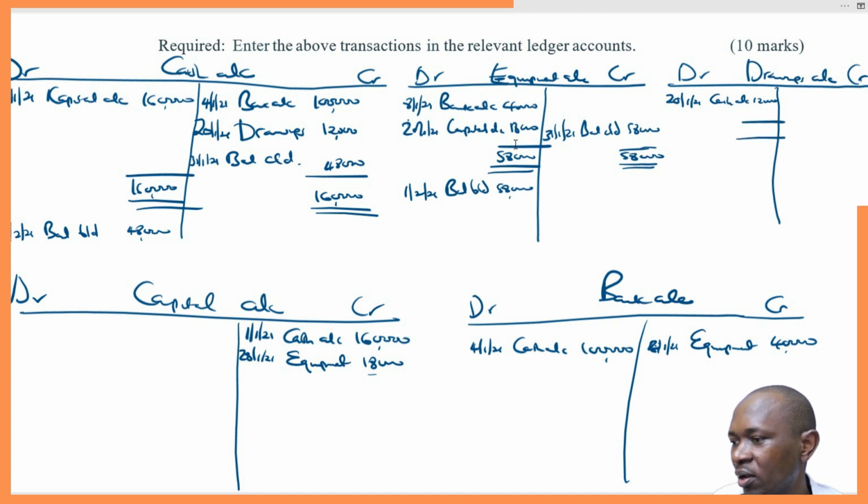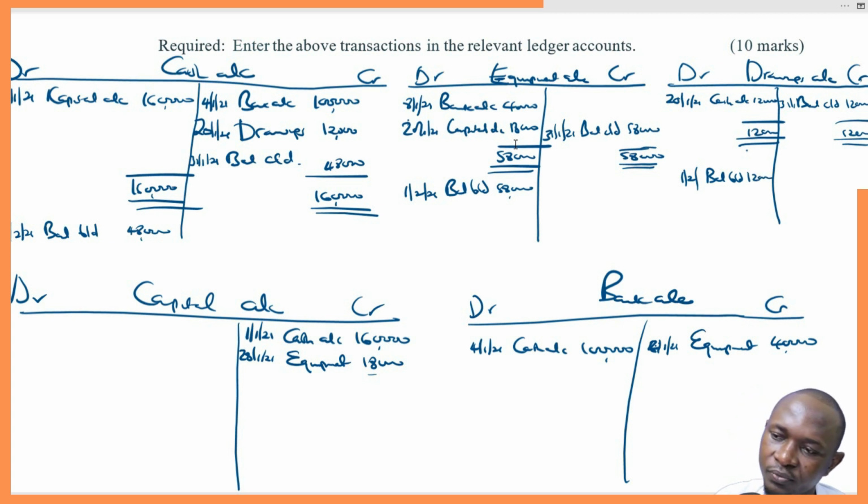Then here 12,000, we just close 12,000, like that. Balance carried down 12,000, and this is on 31st 1. Then on first, second month, we say balance brought down 12,000, like that.